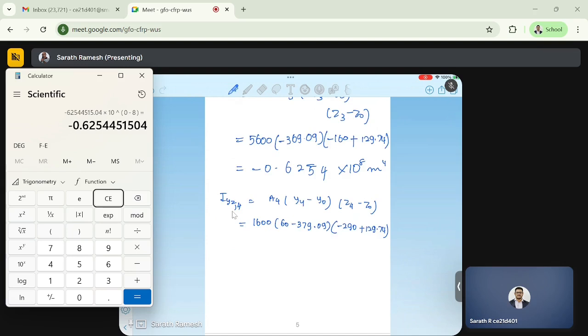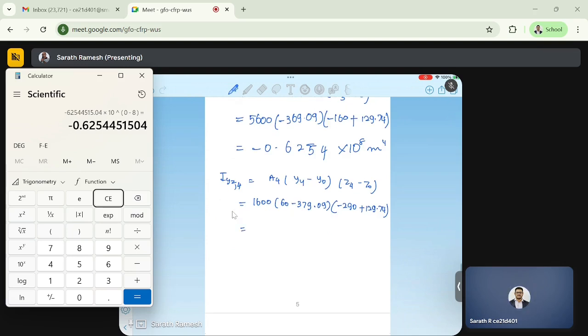So this will be (60 minus 379.09) times 1600 times (129.74 minus 290).